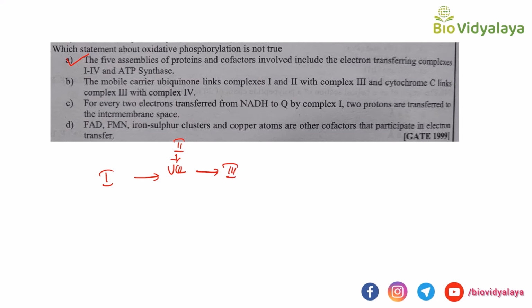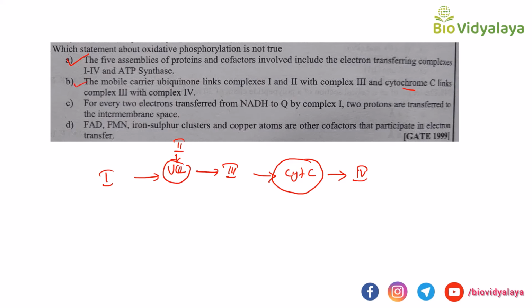Next, cytochrome C links complex 3 with complex 4. That is also correct. From complex 3, electrons will move to cytochrome C. From cytochrome C, they will move to complex 4. This is also true. So this statement is correct.